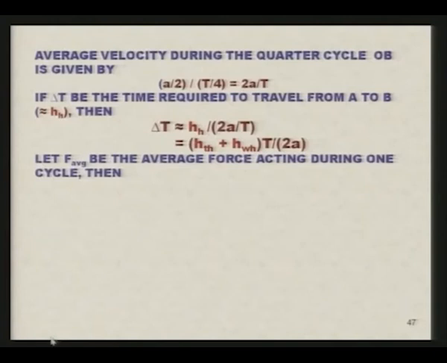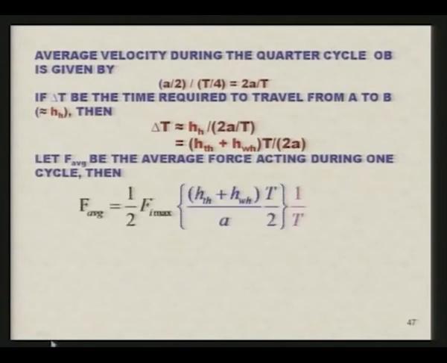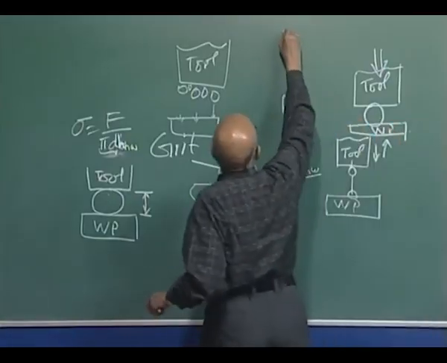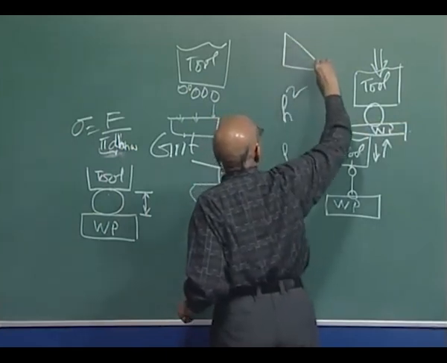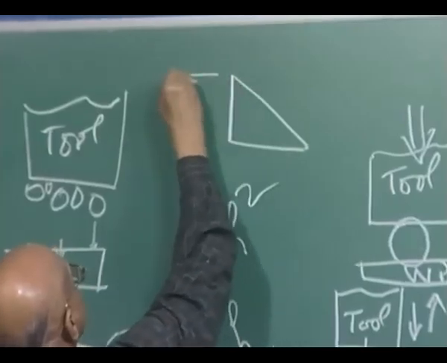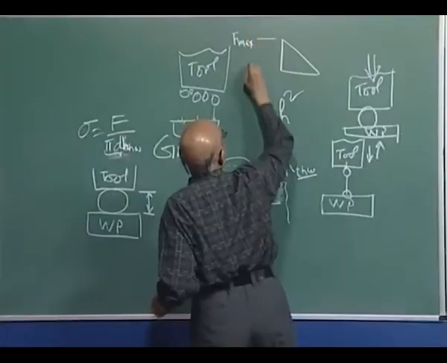Now, here let F average be the average force acting during one cycle. Then F average can be written as 1 by 2 F_i maximum multiplied by (h_T plus h_W) multiplied by T by 2A, divided by 1 by T. Here you can see, since there is a triangular force variation that we have assumed, the average will be F maximum divided by 2, as this is the F maximum and here is the 0.